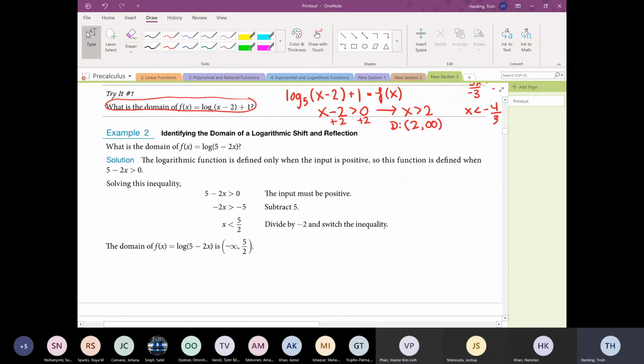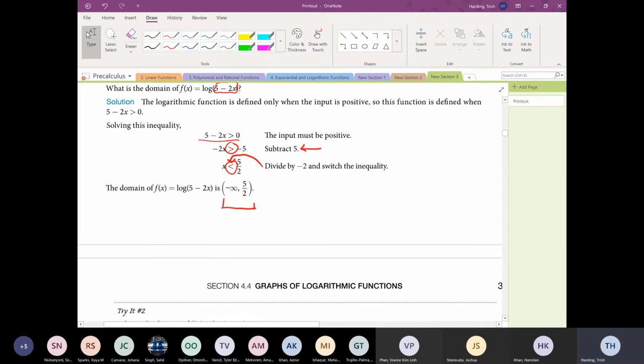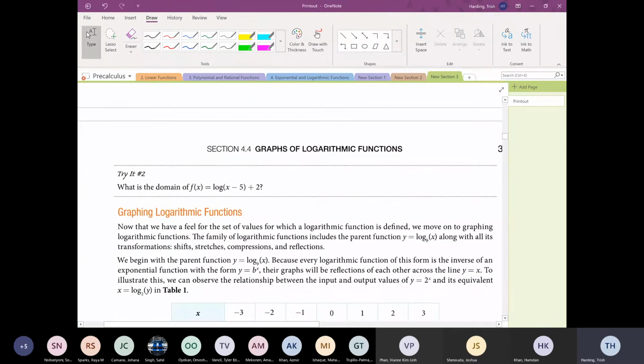Okay, so again, here, this is defined when the input is positive. So now they're going to set up this inequality. And notice, this was what I was just talking about, where it switched the signs. So now that means our x values are going to stretch into the negative x values, that negative portion.